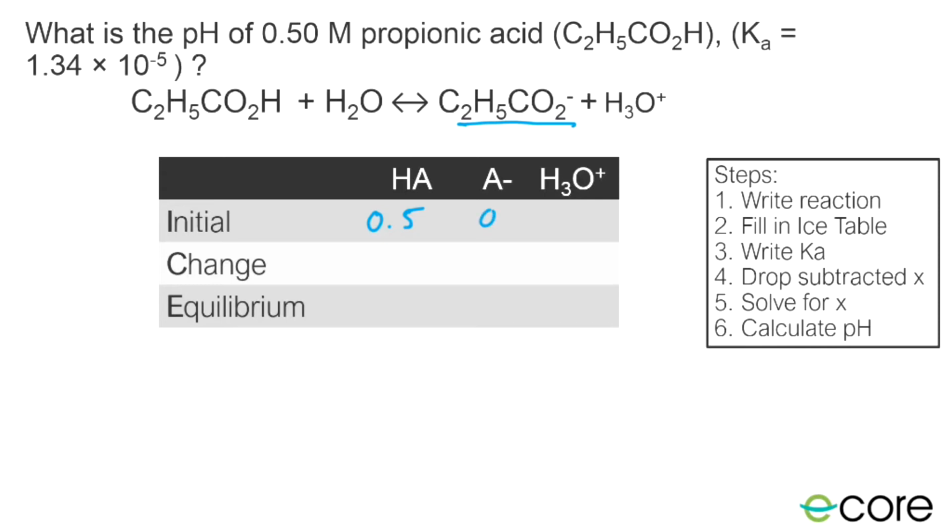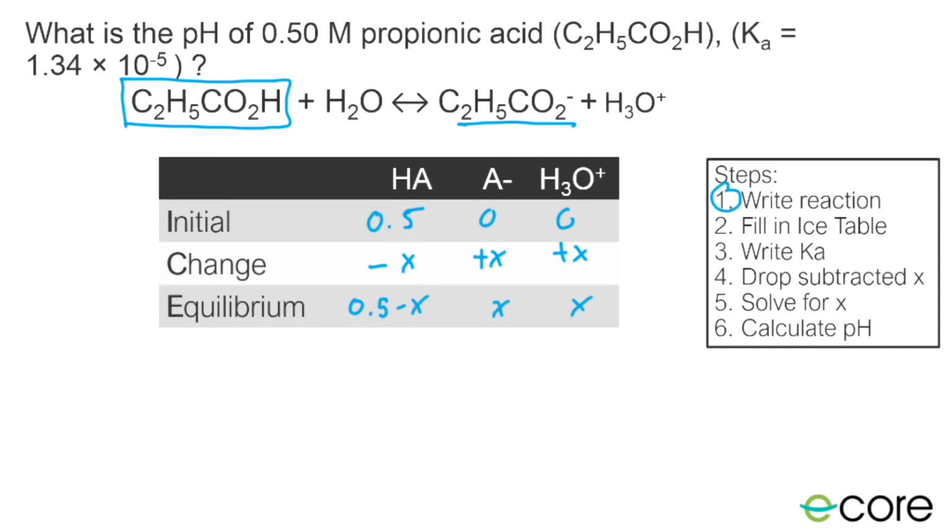So our products we're going to consider to have 0 initially. And then our reactants drop in concentration, so HA goes down. Remember, this guy represents HA. It's our acid with our hydrogen. A- goes up, and H3O+ goes up. So at equilibrium, we get 0.5 minus x, x, and x.